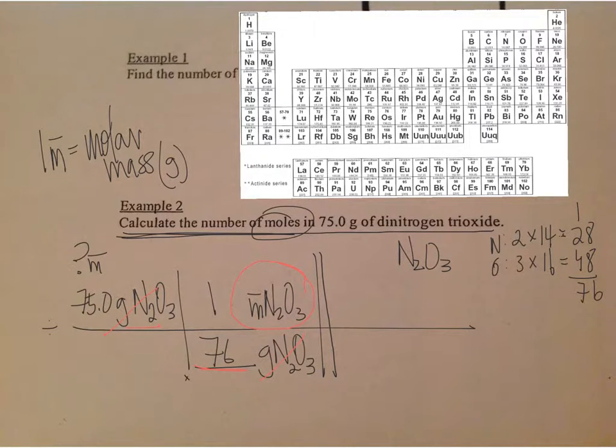So, again, we are saying that we have 75 grams of N2O3. If we know that 76 grams is equal to 1 mole, how many moles do we have when we have 75 grams? So what you're going to do is take 75 times 1 and divide it by 76.